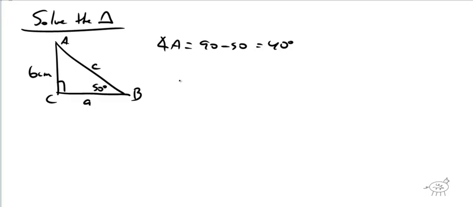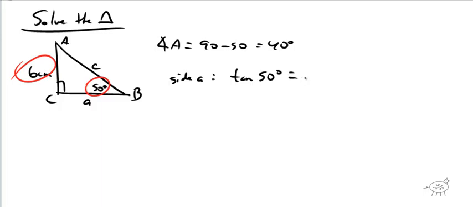And then we've got little a and little c to find. So let's find side A. How am I going to find side A? Well, I'm going to use the information that's given, one of these, hopefully both. I'm going to use tangent of 50 degrees, because tangent uses opposite and adjacent, and the only thing missing here is the adjacent, so that's what we're figuring out.